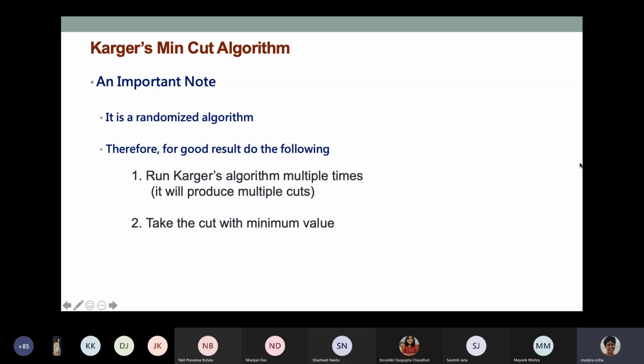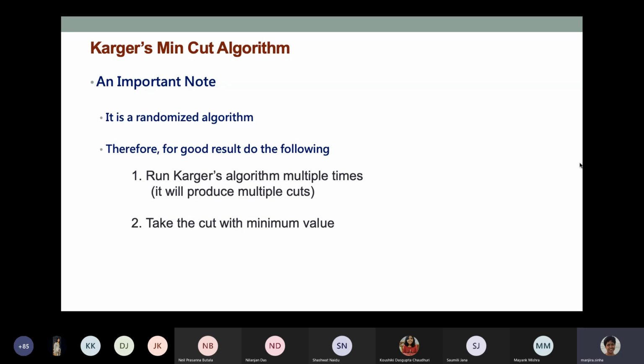I think the answer is here. As it is a randomized algorithm, because we were picking the nodes at random, we will run the algorithm multiple times. So it will produce multiple cuts, as you have rightly pointed out, and then we will take the cut with the minimum value.